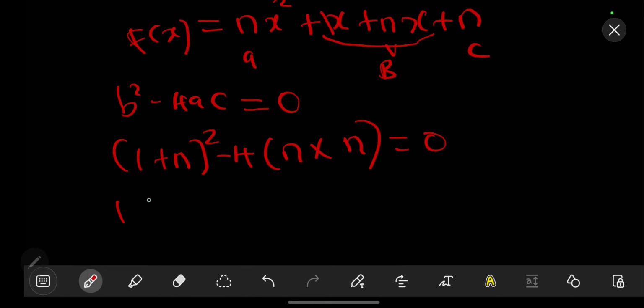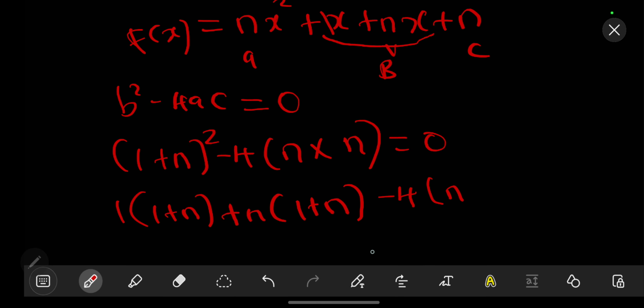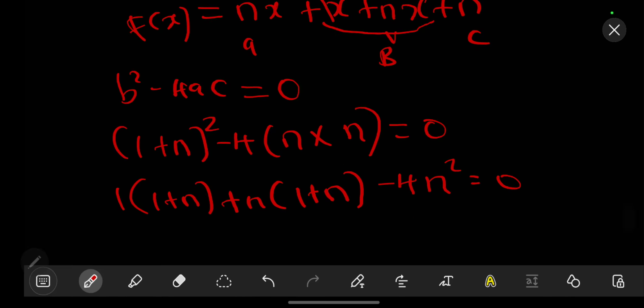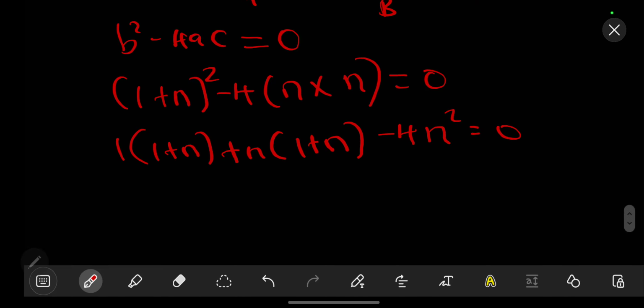So expanding this, 1 multiplies everything, and also n multiplies everything, which we have worked with. We have minus 4, and n times n is n squared, which we can just write here since there's only one term there. 1 times 1 is 1, plus 1 times n is n. n times 1 is n. n times n is n squared.